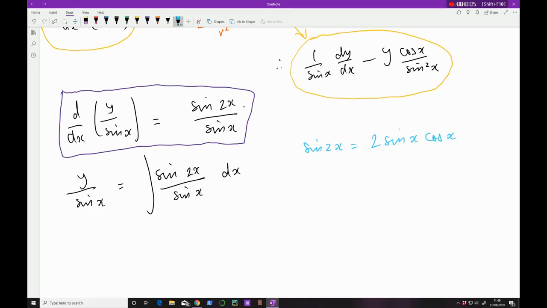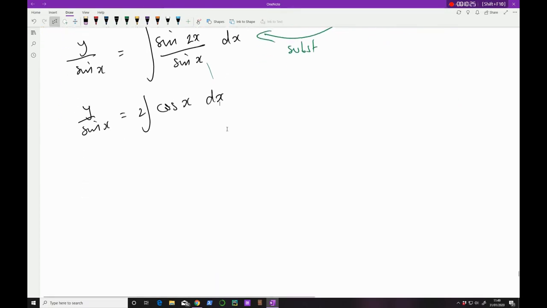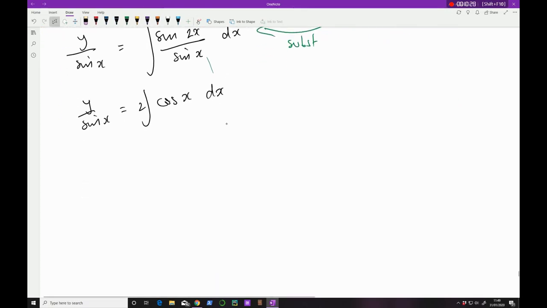So I can simplify this and turn that into 2 cos x, because when you substitute this in, the sine x's cancel and you're left with the cos x. The integral of cos x is straightforward. It's just sine x. So I'm going to have y over sine x equals 2 sine x.